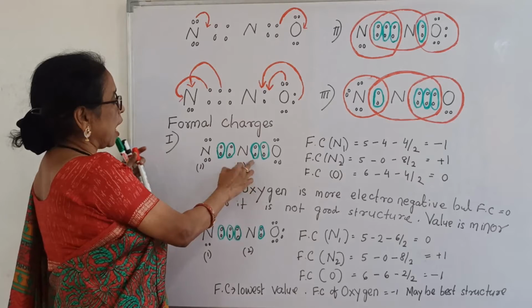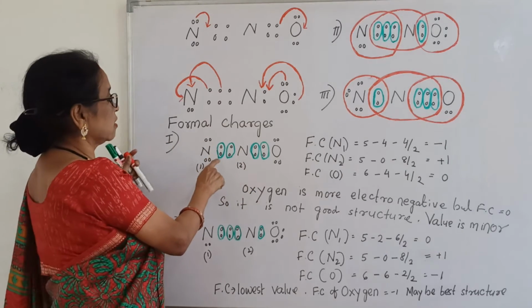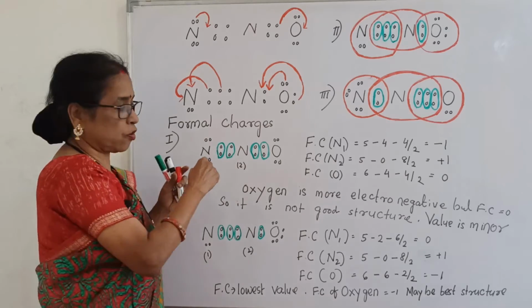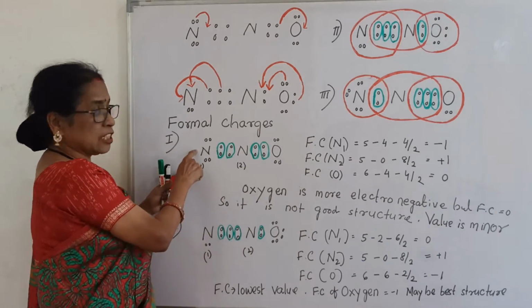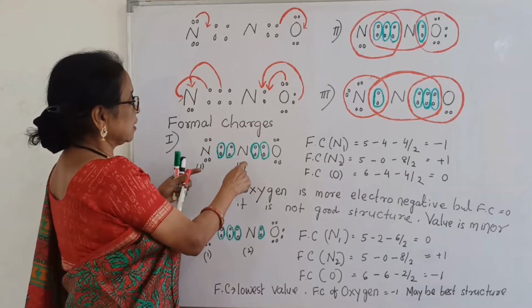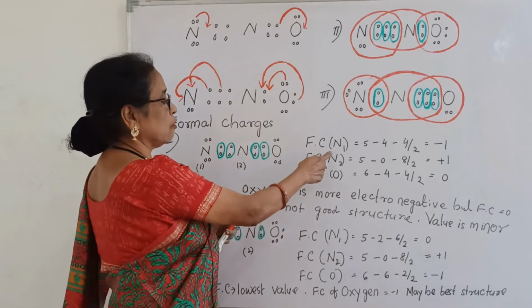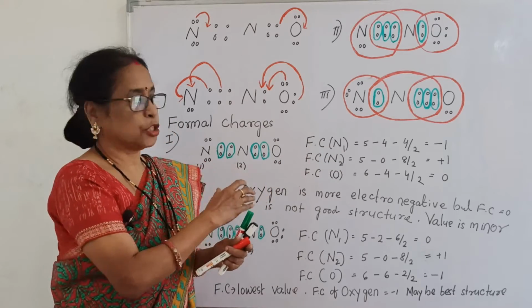In structure 1, the green surrounding is called bonding electrons, and the simple dots are non-bonding electrons. Suppose this nitrogen is 1, this nitrogen is 2, then we will calculate the formal charge of nitrogen 1, nitrogen 2 and oxygen.